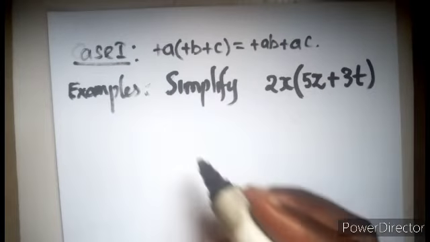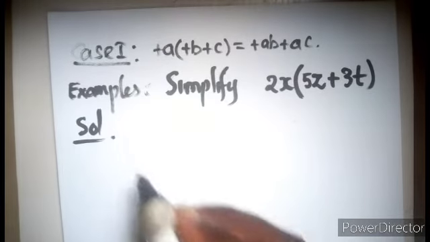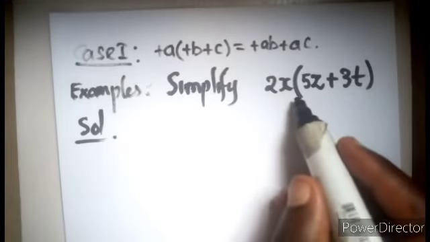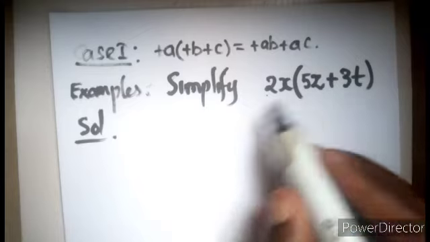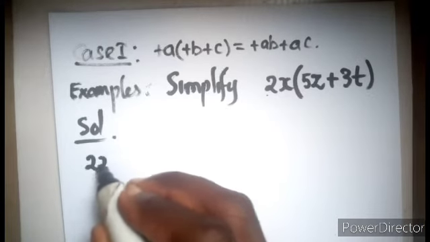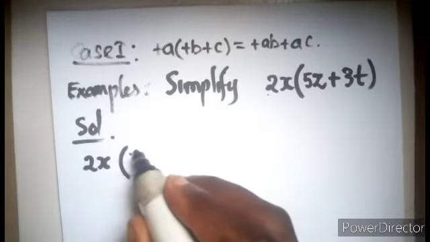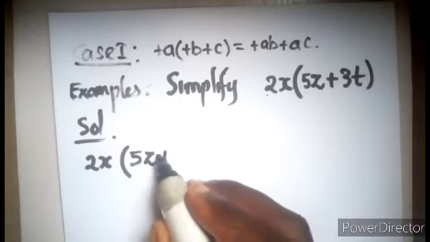To simplify this, what we do first is what? We use 2x and multiply that. So you write it out first. 2x times 5z plus 3t.